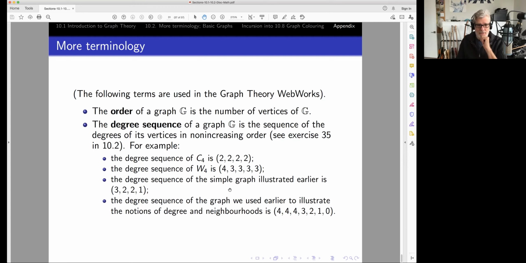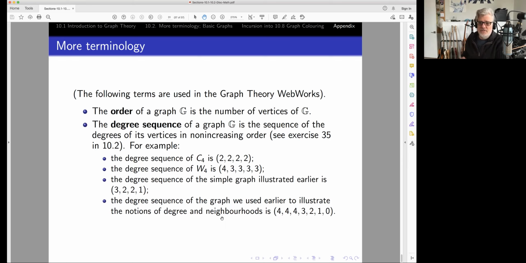The degree sequence of the simple graph illustrated earlier is 3, 2, 2, 1. I can go back if you wish. And the degree sequence of the graph we used earlier to illustrate degree and neighborhoods is 4, 4, 4, 3, 2, 1, 0. You can take a look at these examples later. That's all the degree sequence is.